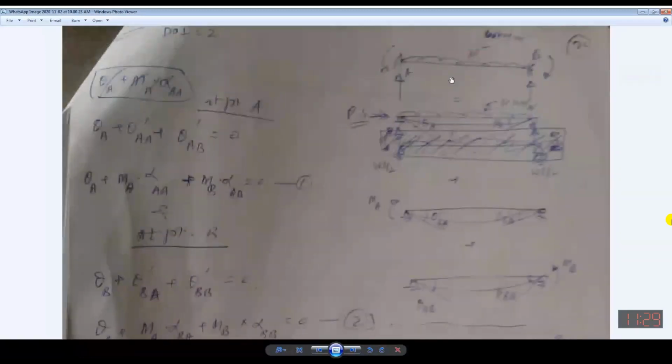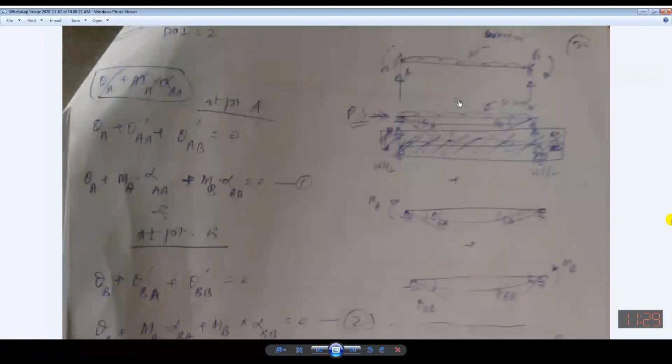Now in this case I will have to consider 2 forces as redundant, linear and rotational. Now it can be rendered into a primary structure. I can break it into a number of beams. It is equal to this beam.